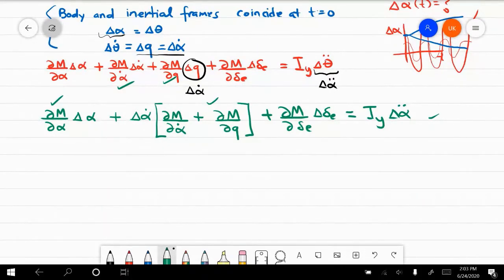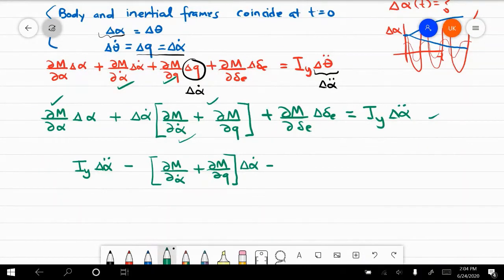I'm going to group it with Iy delta alpha double dot, and so I will get Iy delta alpha double dot minus, now let me write this term, minus dM/d alpha dot plus dM/dq delta alpha dot minus dM/d alpha delta alpha equals dM/d delta e times delta e.